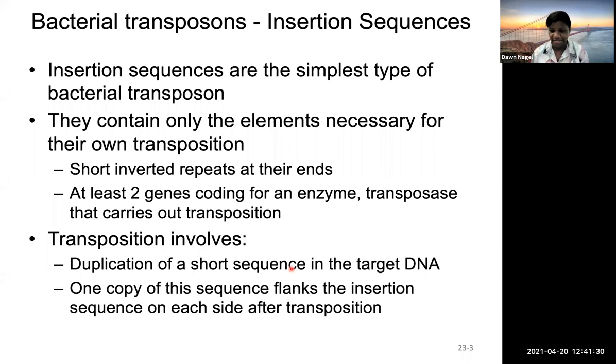So the new transposable element that inserts in that new DNA location has ends that contain a duplicated sequence, okay? And one copy of the sequence again flanks the insertion on each side after the transposition event. And it's really kind of a marker to know that the transposition event has occurred.